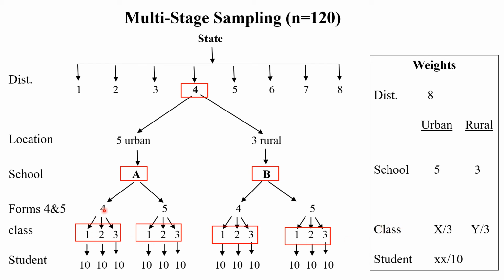So from each selected school, Form 4, Form 5, I'm going to select 3 classes here, 3 classes here, and so on. Within each class, let's say an average of 30 students, I'm going to select only 10 students. By doing this, I managed to have the 120 students needed for my study.